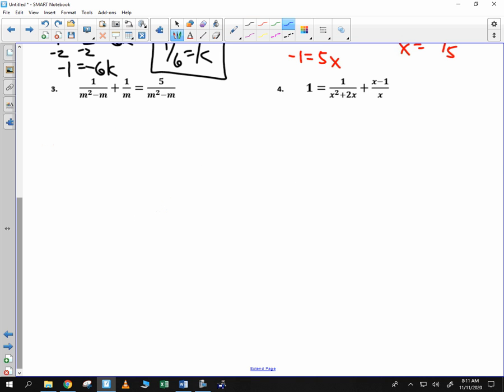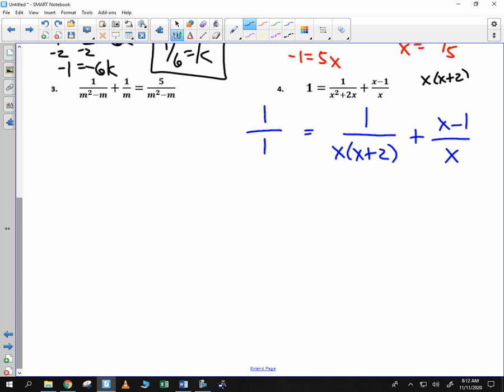Try one more example. 1 over 1 equals 1 over x times x plus 2, plus x minus 1 over x. This one's a little bit more involved. Notice that they all multiply to x times x plus 2. So I'm going to multiply top and bottom by x plus 2.